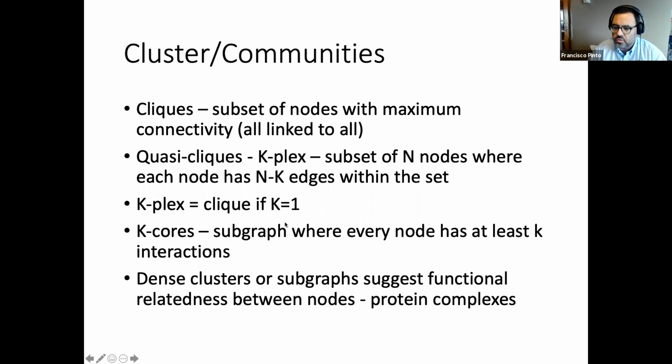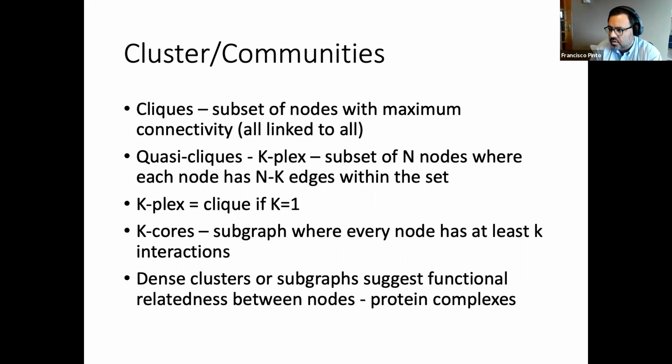K-cores are a different way to define the subgraphs that are very densely linked. So in k-cores, what you do is you start with the full network, and then you try to find subgroups of nodes where every node in that connected subgroup has at least k interactions.